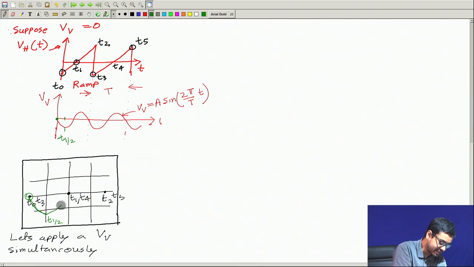So, here it will go like this. This is T 1. And after that it will go towards the right again, but now it will go up also like this. This time you call T 1.5.